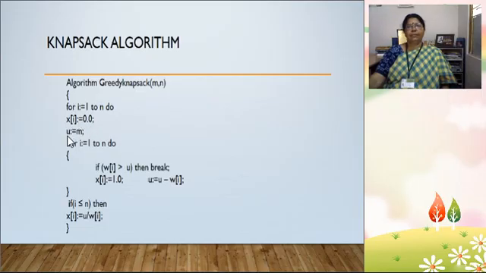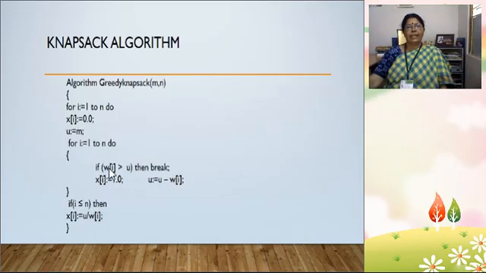We use a temporary variable U that keeps track of the knapsack capacity. Initially U is equal to M, and then we choose the input one by one. Here we are choosing the input based on the highest profit per weight. So the inputs are arranged in decreasing order of Pi by Wi.